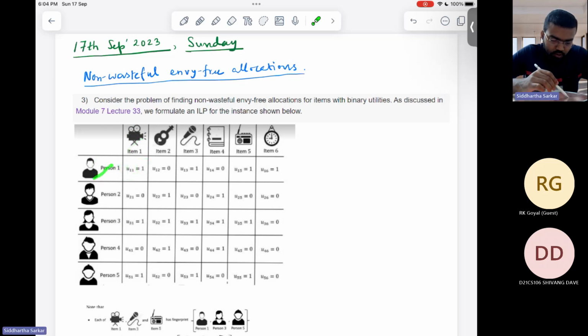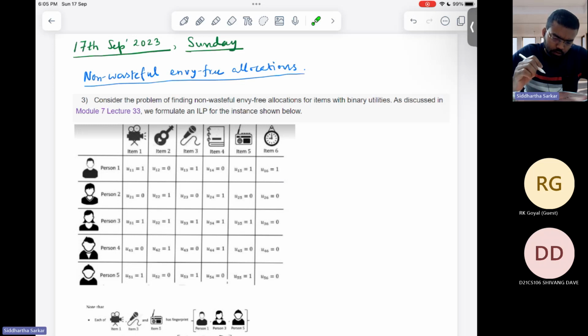Whereas person one does not like the guitar, which is item 2, therefore U12 is 0. He likes the mic, so U13 is 1. He does not like the notebook, so U14 is 0. He likes the radio, therefore U15 is 1. He likes the clock, so U16 is 1.